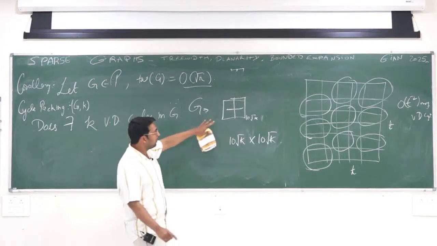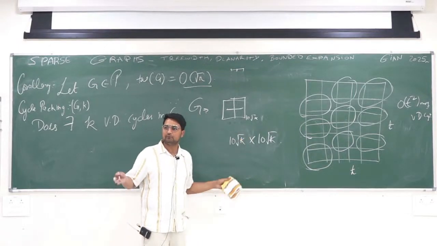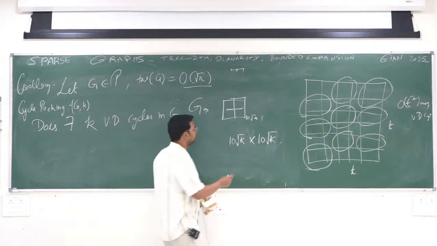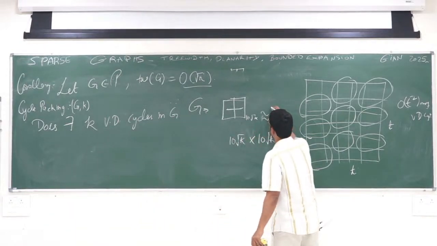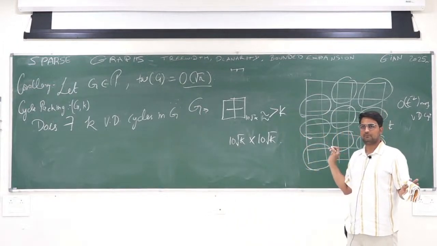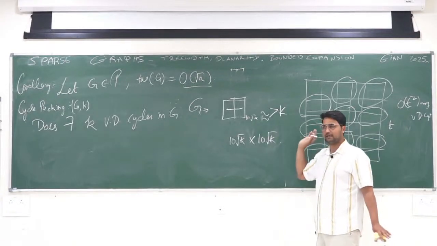So how many vertex disjoint cycles will it contain? We know that it will contain strictly more than k vertex disjoint cycles.